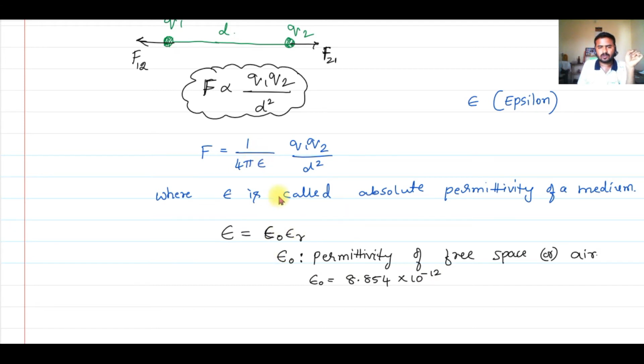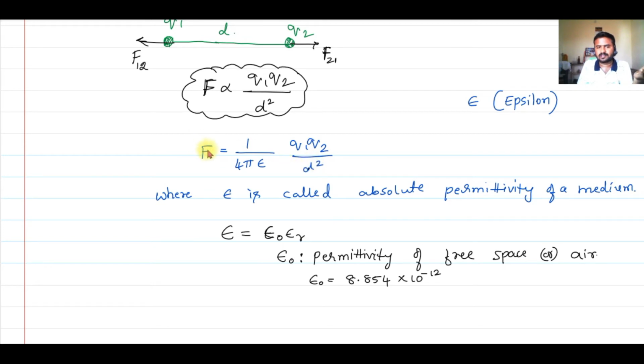If you want to know the unit of epsilon, you can send this epsilon to the LHS, and send the force to the RHS. So here you have the product of charges, and the unit of charge is coulomb, as I said in the last lecture itself. So coulomb into coulomb is coulomb square, and in the denominator you have distance square, where the unit of distance is meter, so meter square in the denominator.